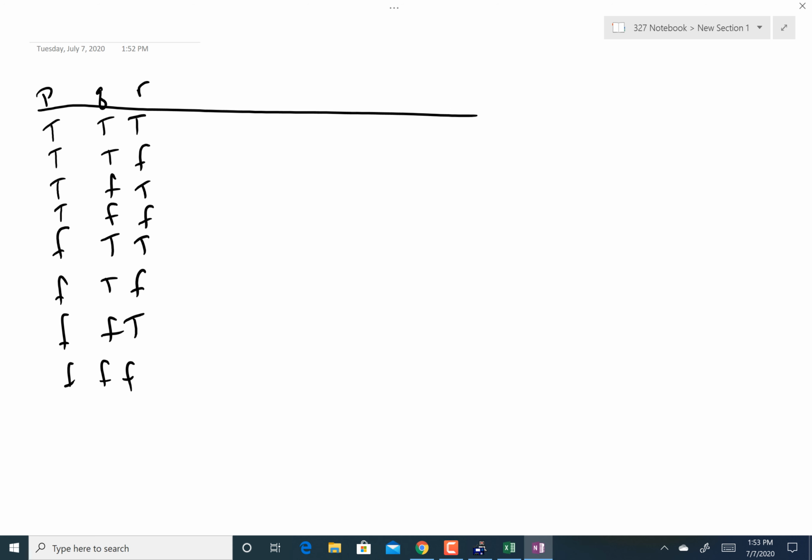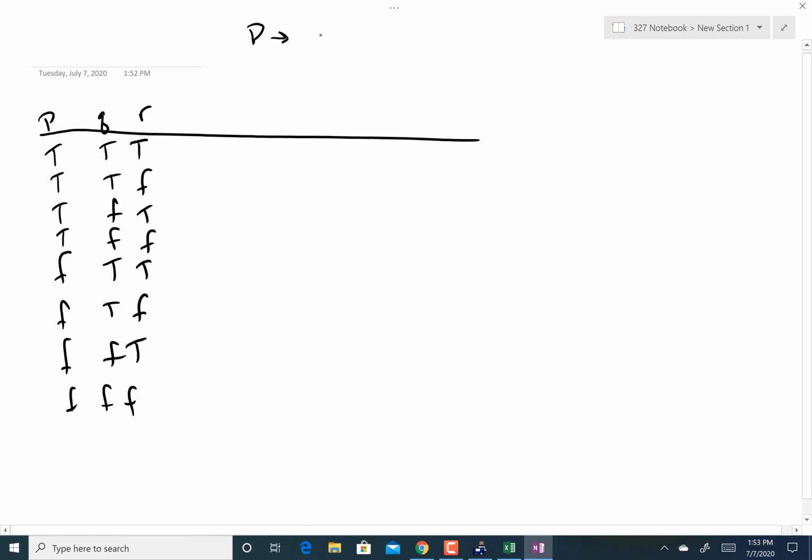Use the logical equivalencies that P then Q is equivalent to not P or Q, and the biconditional is equivalent to not P or Q, and not Q and or P, or P.